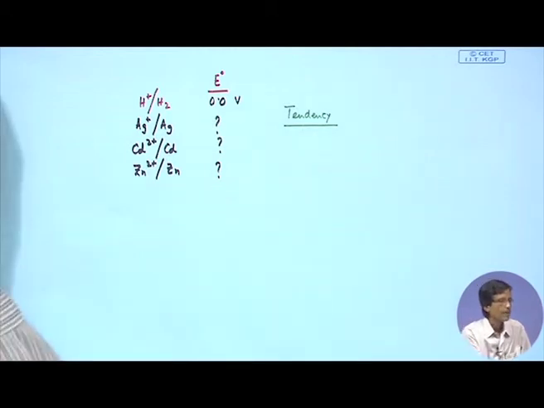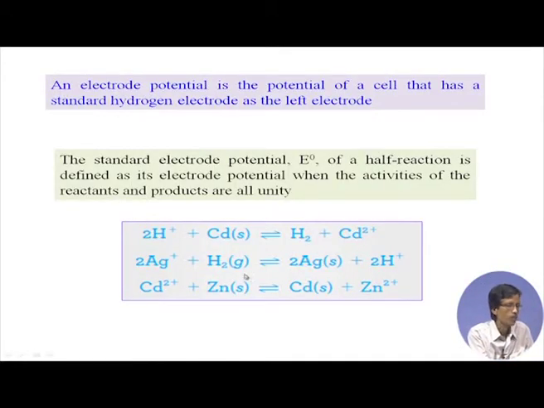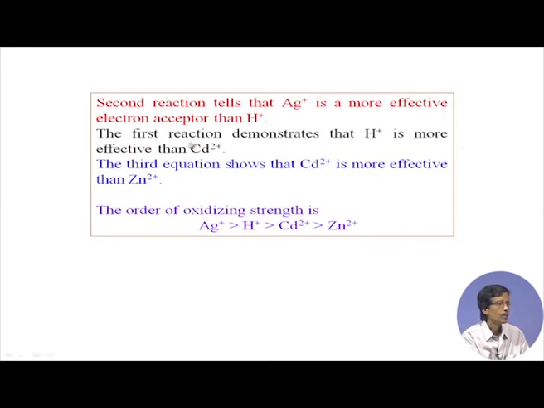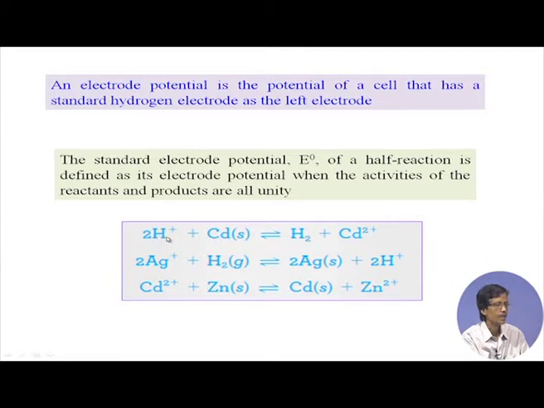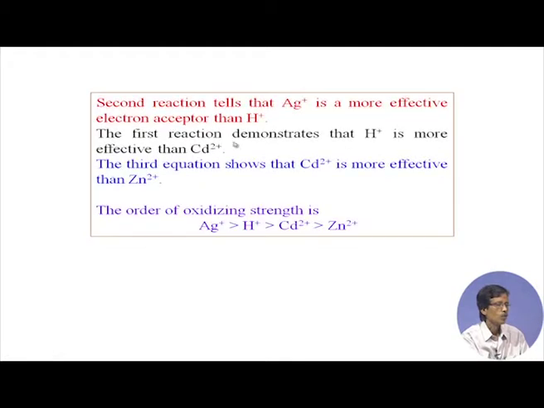By looking at these, some important information we can gather without knowing the quantitative magnitude of E0 values. The first reaction is the reaction of H plus with metallic cadmium. It demonstrates that H plus is more effective than cadmium 2 plus in terms of electron acceptance, that means it can function as the oxidizing agent.